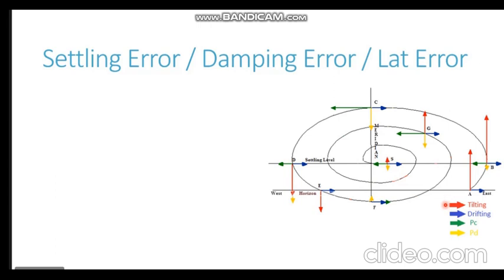That is the tilting represented by the red arrow, drifting represented by the blue arrow. Both of these were caused because of gyroscopic inertia, because our gyro spin axis was following the motion of the gyro star. And the control precession represented by the green arrow, damping precession represented by the yellow arrow.